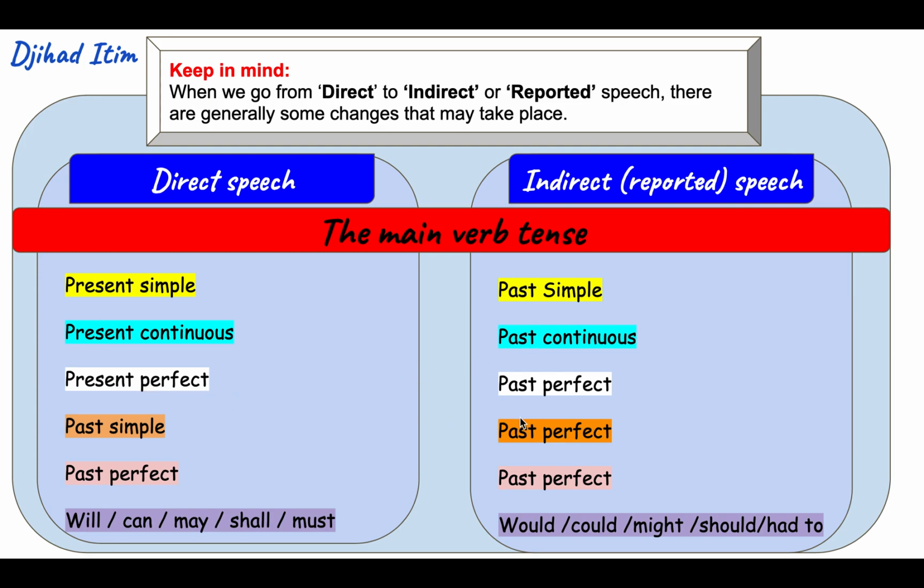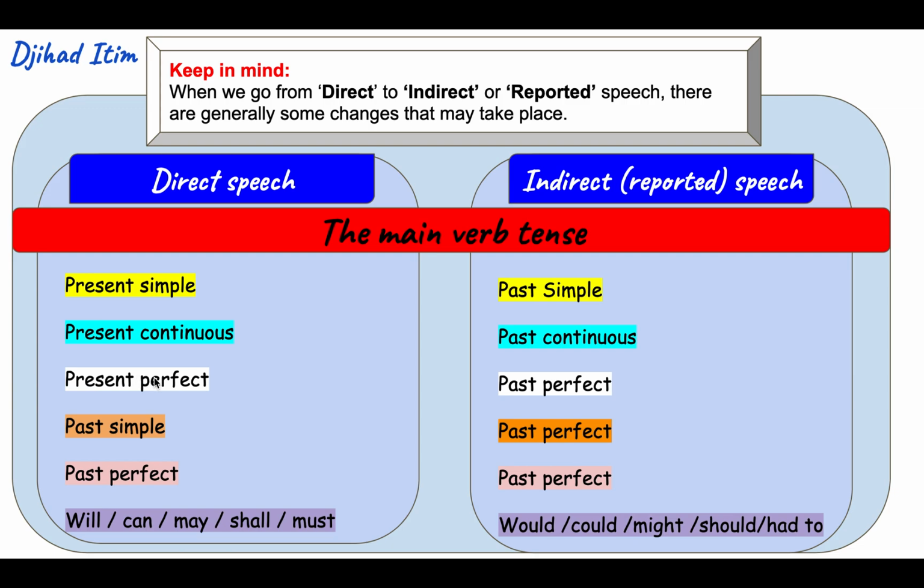Present perfect to the past perfect. So the rule of present perfect is have or has plus past participle of the verb. For instance, I have tried sushi. So have or has plus past participle of the verb.